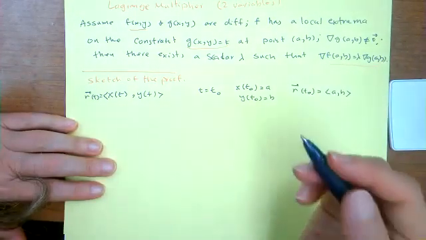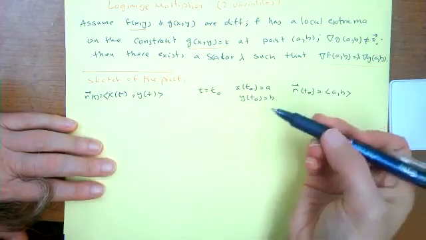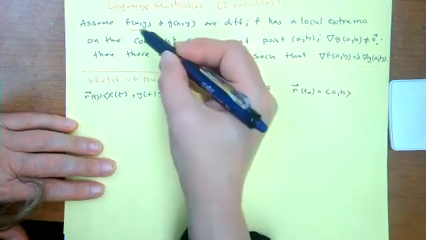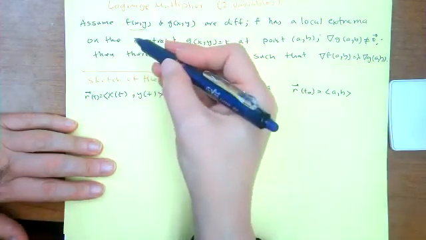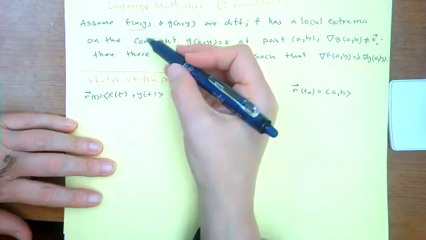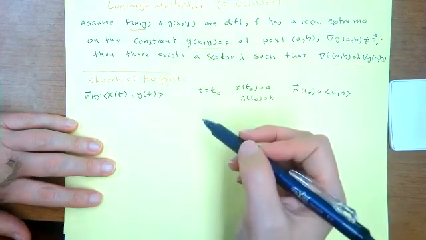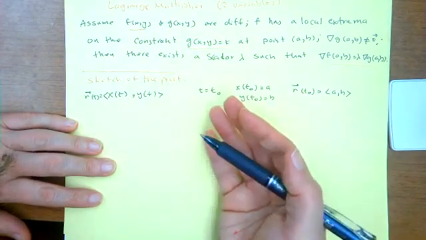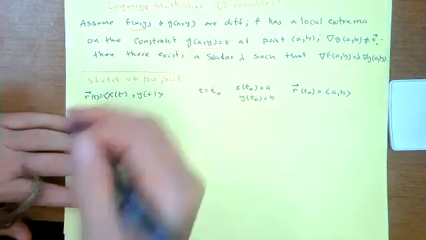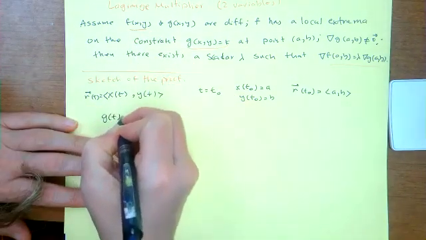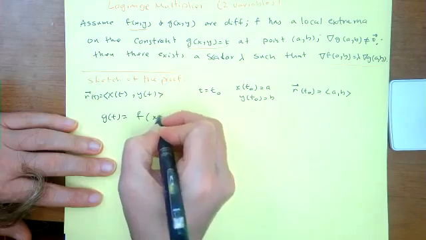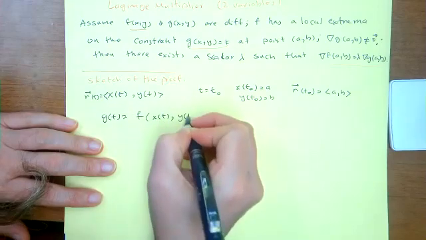Now let's plug this r of t inside of f, because every time we're finding an optimization on a constraint, we use a parameterization and plug it in there. So let's say g of t is equal to f of x of t and y of t.